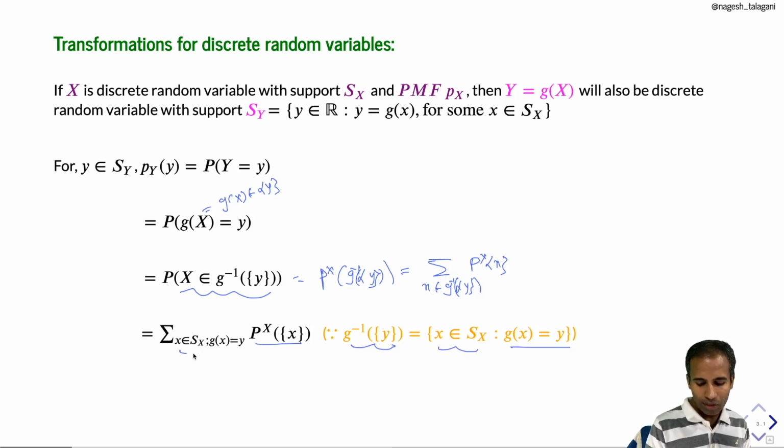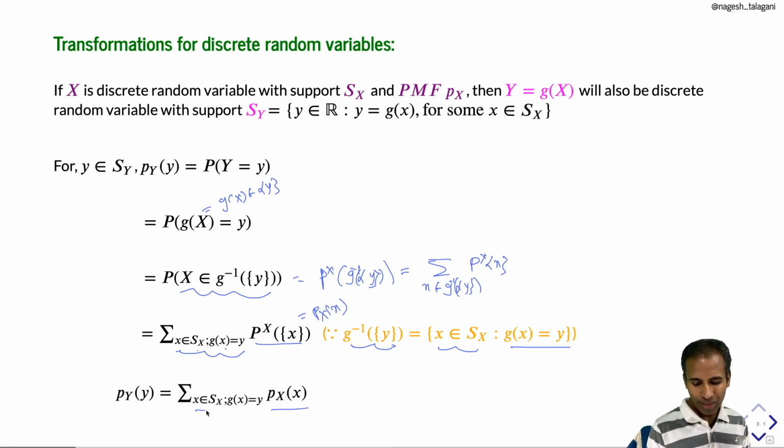That's why the summation varies over x in Sx with g of x equal to y. Next, the singleton x probability under Px we can write as the PMF value at x. So we can write Py of y equal to the summation of Px of x, where the summation varies over x in Sx with g of x equal to y.